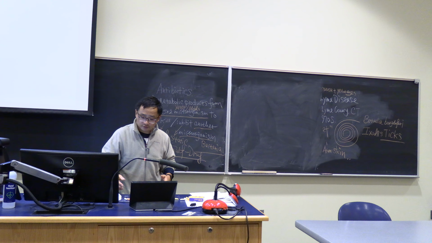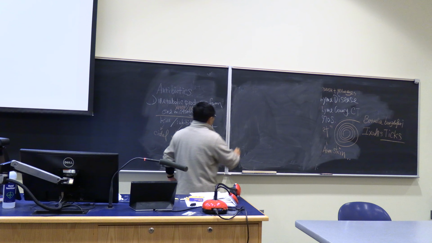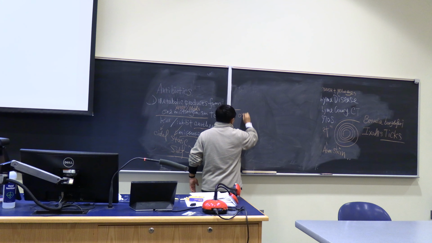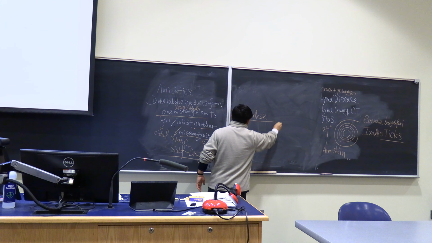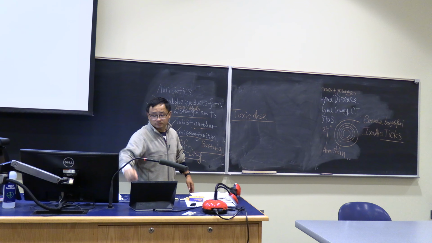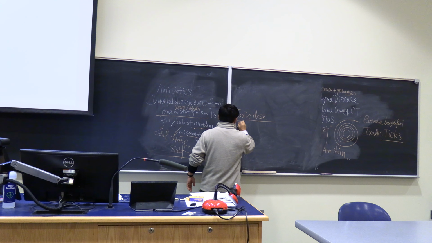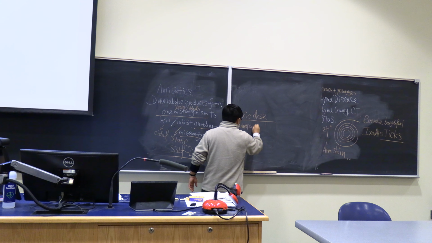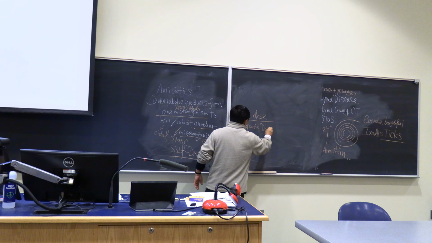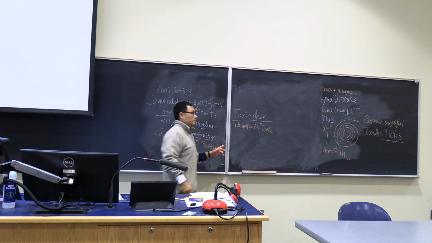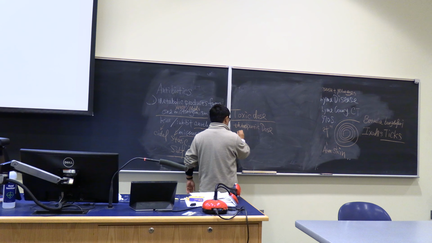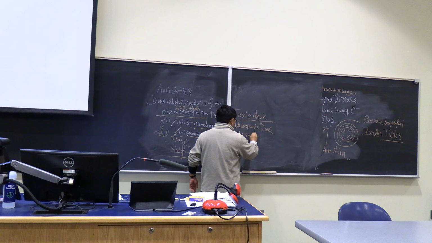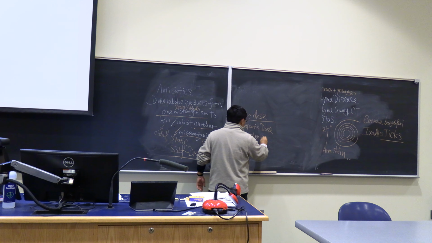Therapeutic index. That's toxic dose divided by therapeutic dose. Okay, how do you think this number should be? Therapeutic dose should be the smaller, the better.